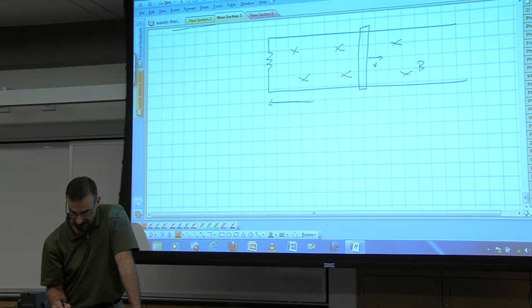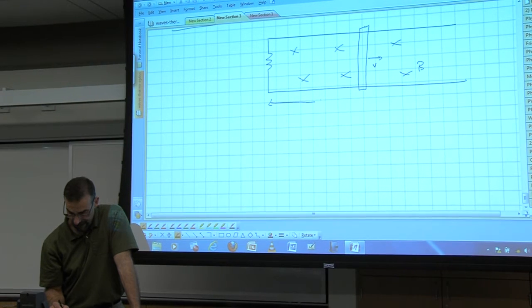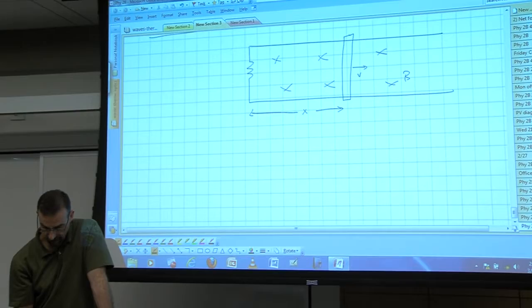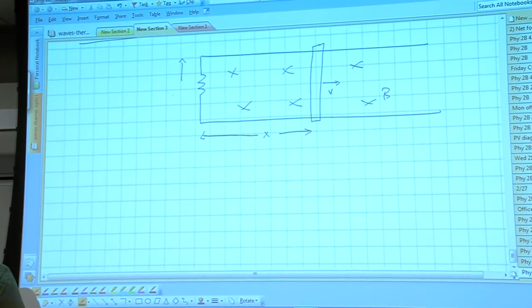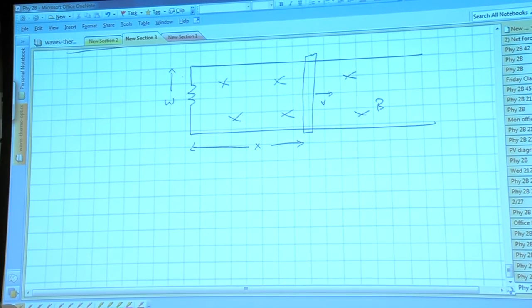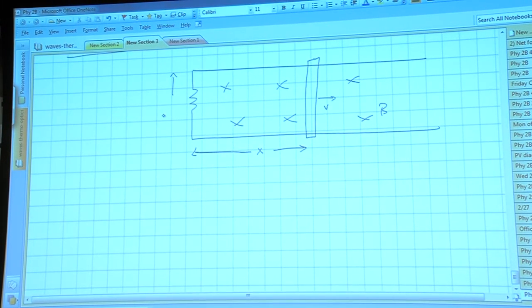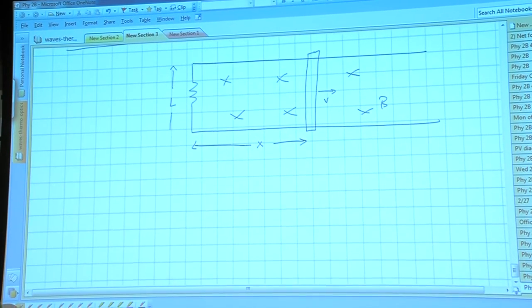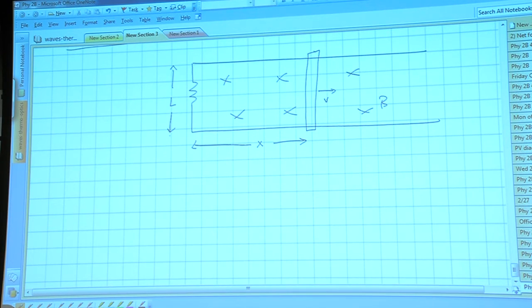We're going to call this, what do you want to call this? X. And we're going to call this W or L. So L is the length of our bar. X is the distance over.